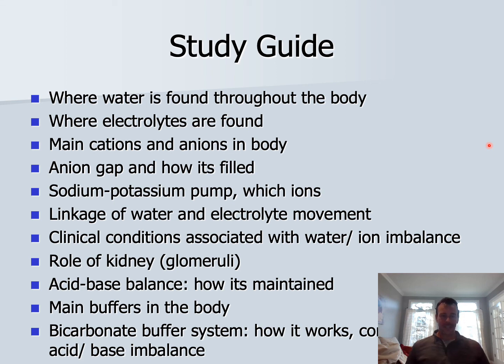The clinical conditions associated with water and ion imbalance are important to know. What is the role of the glomerulus as part of the kidney? And then the last couple slides, I talked about some of the main buffers in the body being proteins and hemoglobin, but really I focused mainly on the bicarbonate and CO2 system.